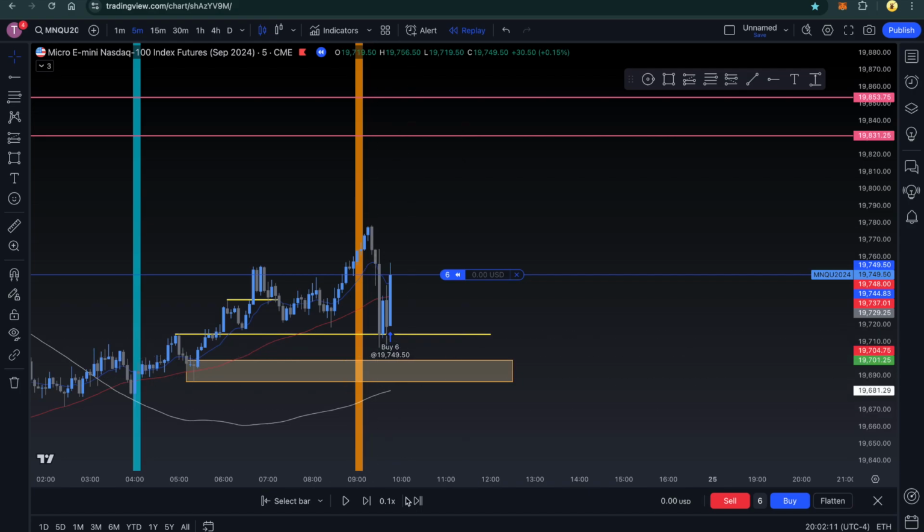This is a paper trade back test. So this is not real money. This is just for education purposes. So I'm going to put my TP up here, which is a take profit. Cool, 984. I'm going to put my stop loss down here.